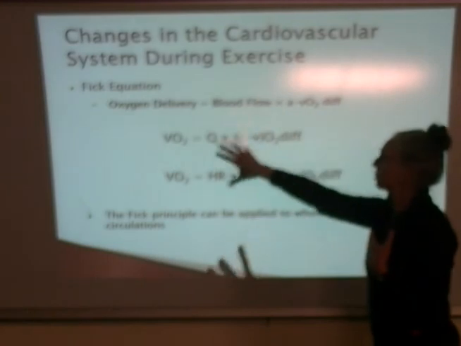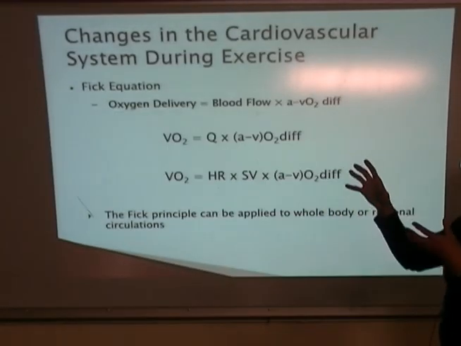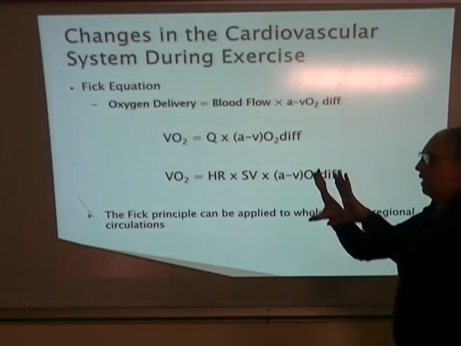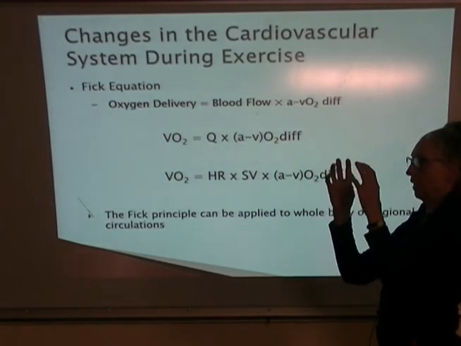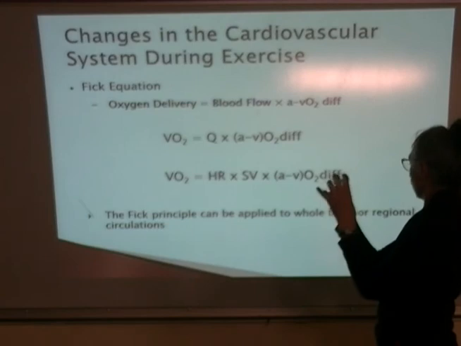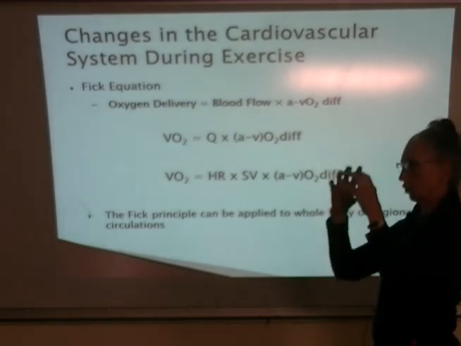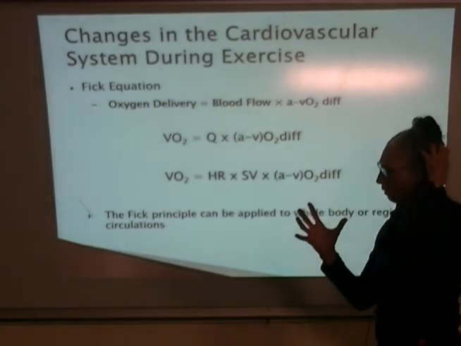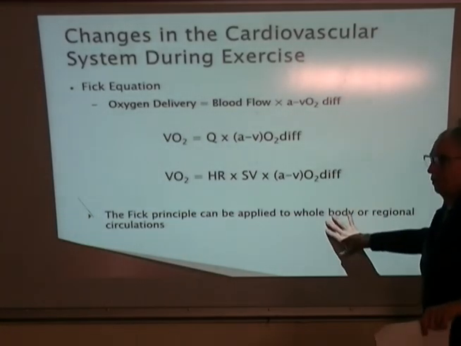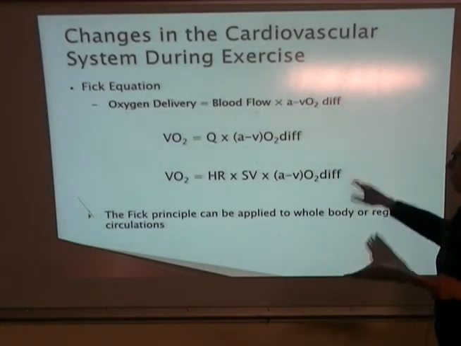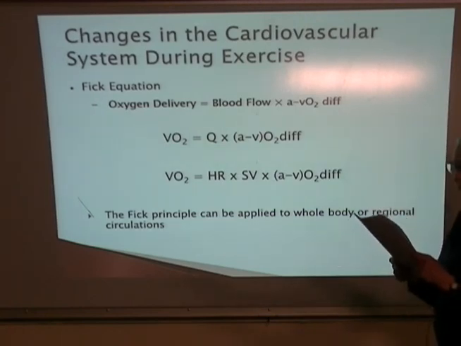You can use this principle to either calculate it for the body as a whole, or do a local calculation for a particular circulation in a particular area. But that's way outside the HPE need to understand this idea.